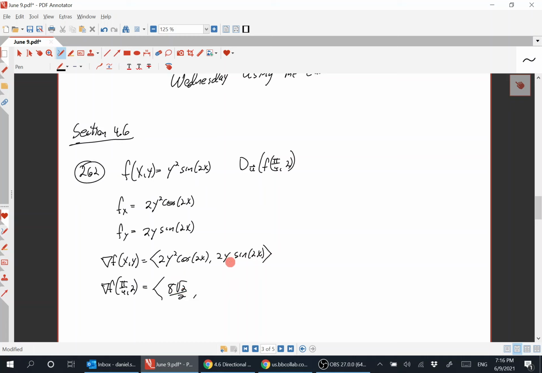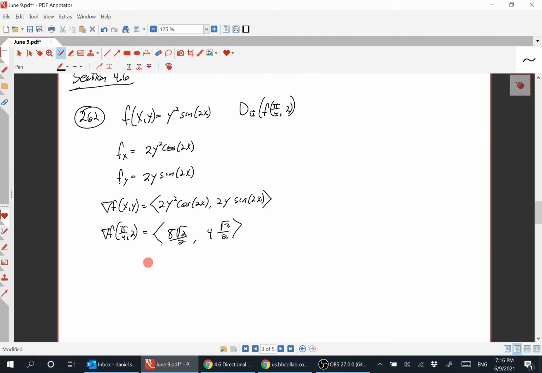And this one is 2 times 2 is 4, root 2 over 2. So the gradient of f at that point is 4 root 2, 2 root 2.